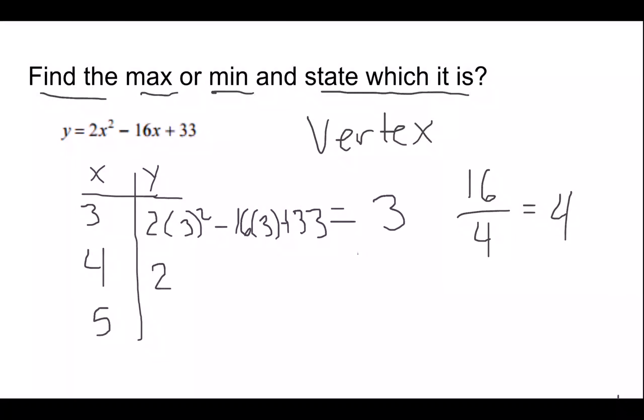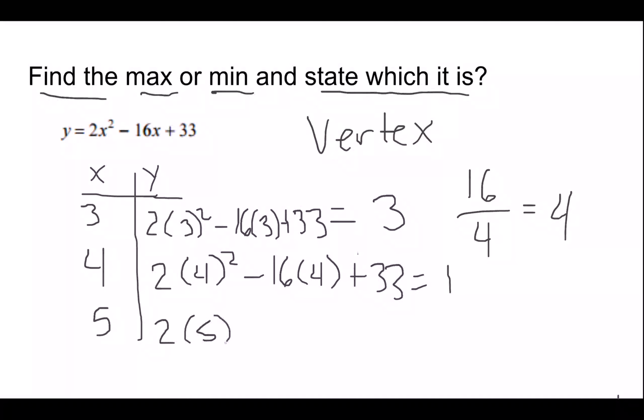Again, I'm going to put that into my calculator and see what that gives me. That gives me 1. And we'll input this over here, so 2 times 5 squared minus 16 times 5 plus 33. When I input all this into my calculator, I get 3.